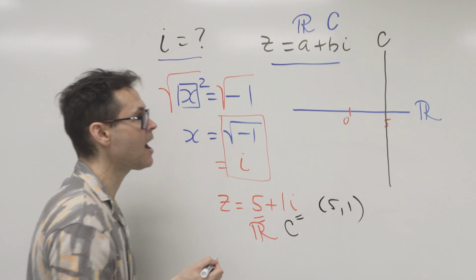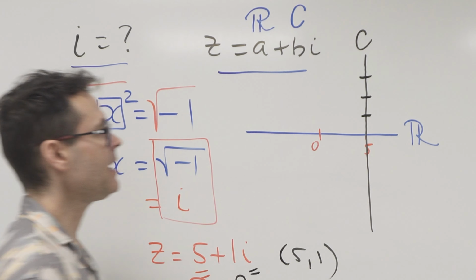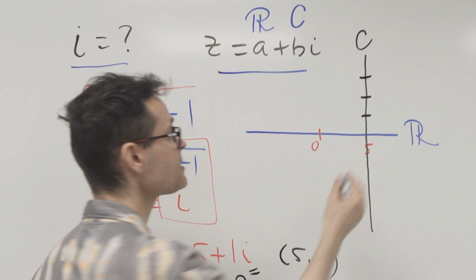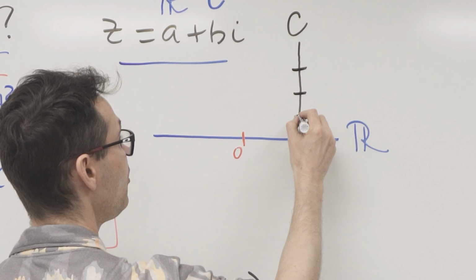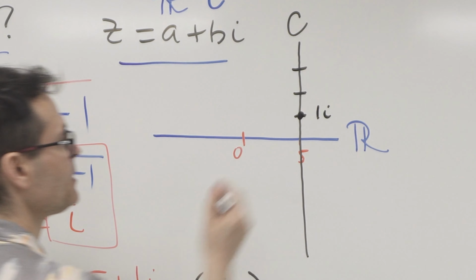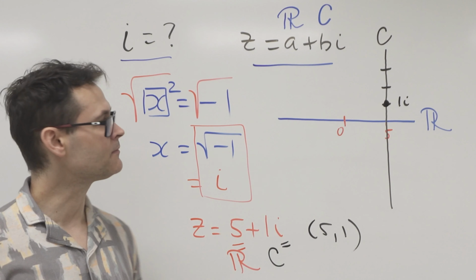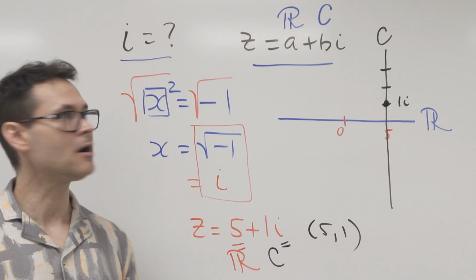Well, 1 unit is i. So I count i's, 1, 2, 3, and I could go down i's. So that means that if I go up 1, that's 1i. And that number right there, I'm going to bullet it in. That point becomes a geometrical representation of the complex number 5 plus 1i.